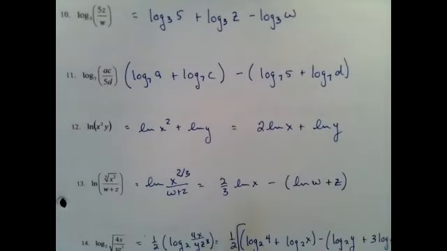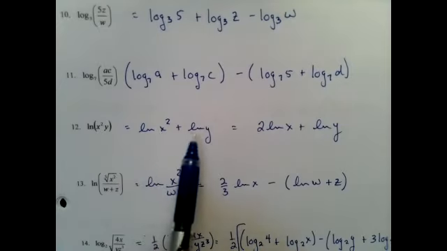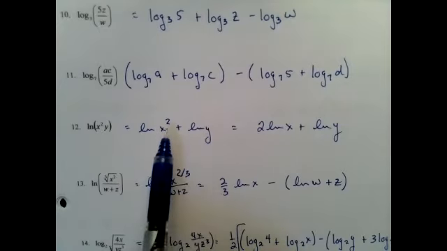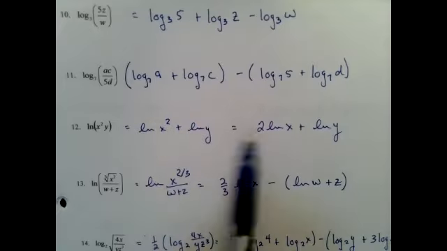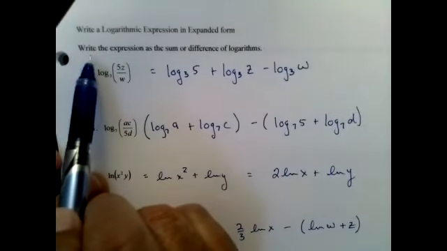All right. The next one is a product, log of x squared plus log of y. Then by the power rule, I can bring that 2 to the front. Take the squared and make it a coefficient. Again, reminder what the directions say.